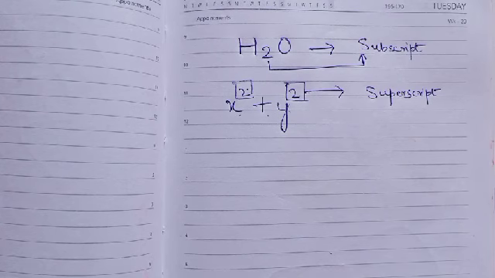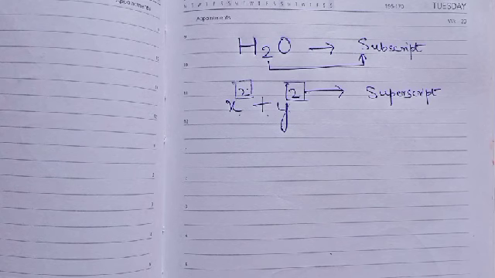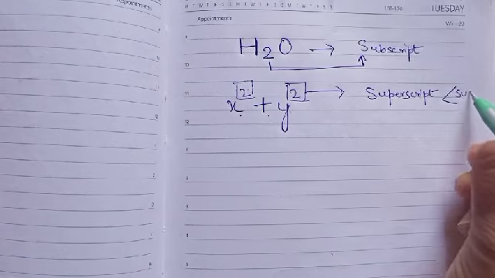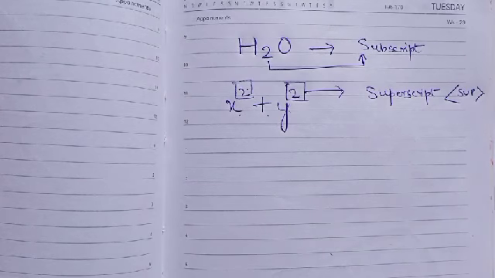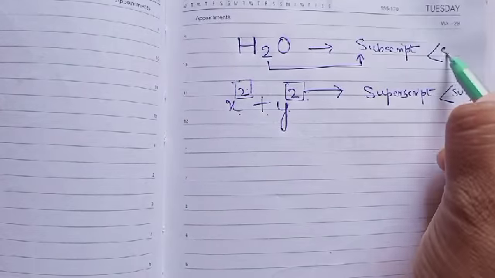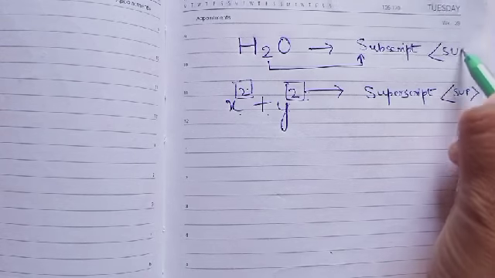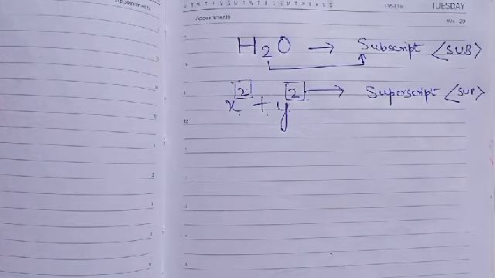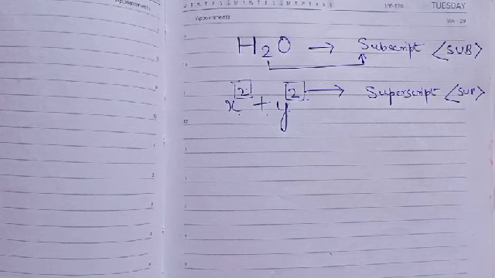To make something superscript or subscript, we have to make use of tags. For superscript, the SUP tag is used, and if you are making something subscript, then the SUB tag will be used. So these are the two tags which are used to make text subscript and superscript.